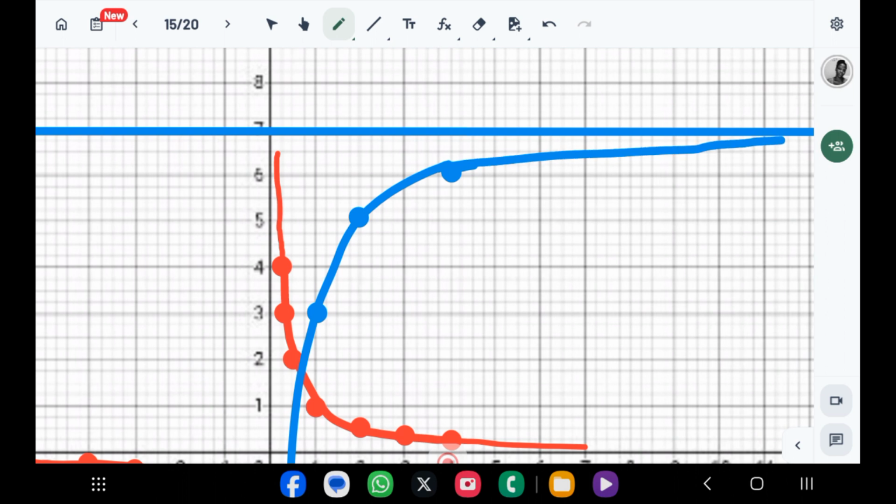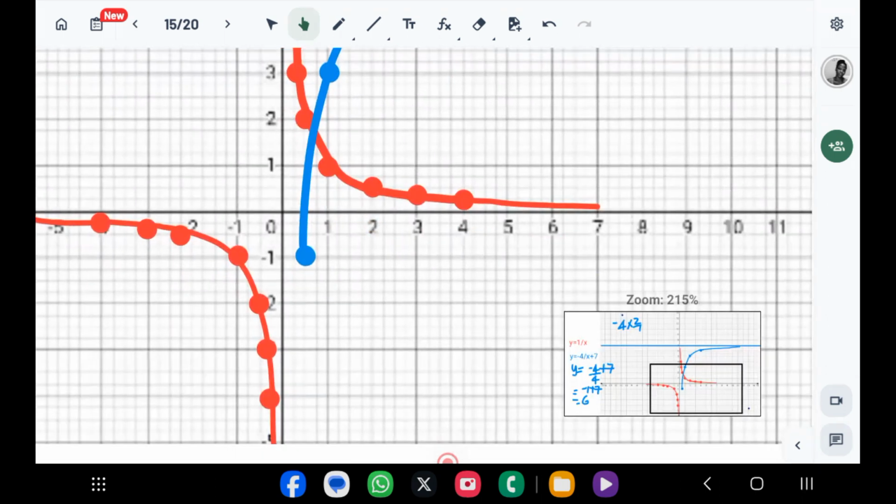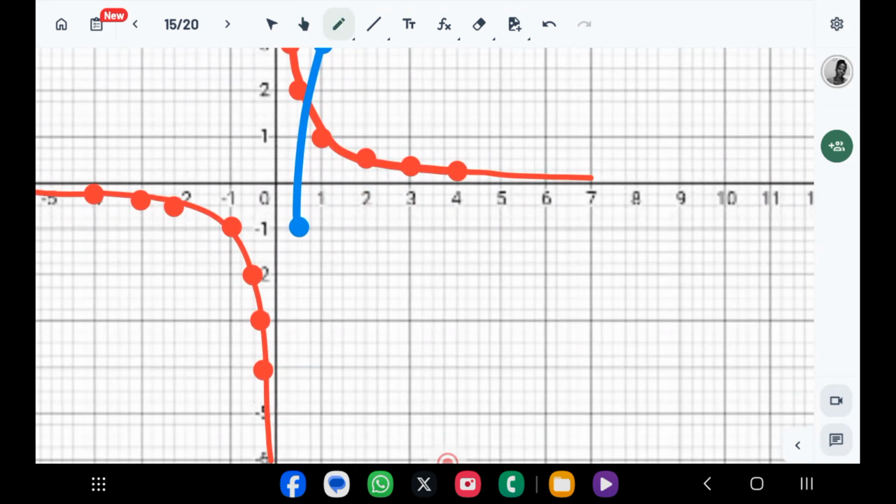Doesn't touch, but it goes towards the axis. And on the other side, this is how it goes. Okay, it will go like this. Doesn't touch, but goes towards it.